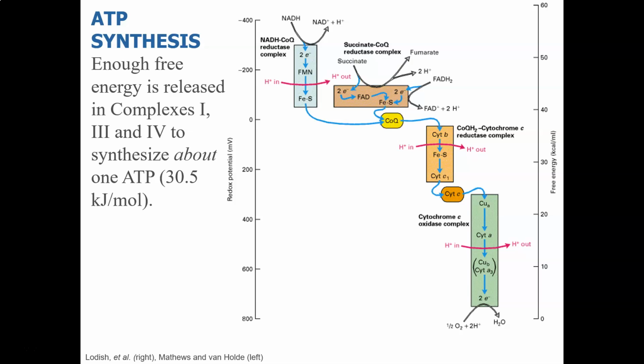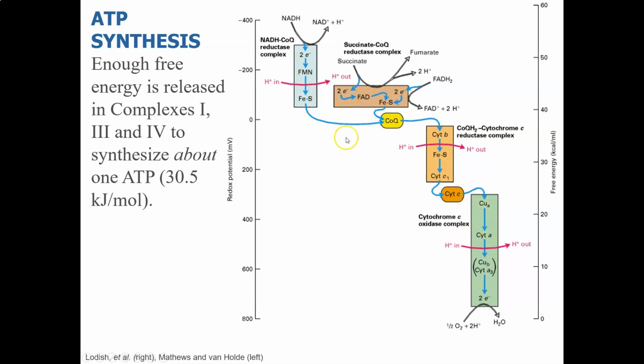And we can look at this if we look at the energy drops that occur. So this is the redox potential over here on the left side, and this shows that these complexes that participate in electron transport, that the electrons are passed. Again, look at the blue arrows here to follow the path.